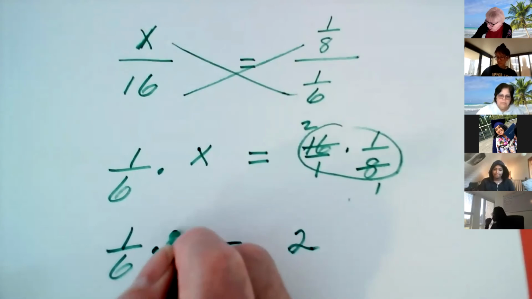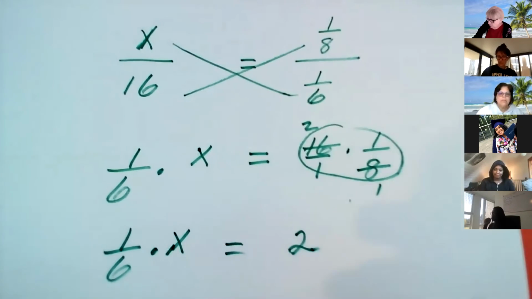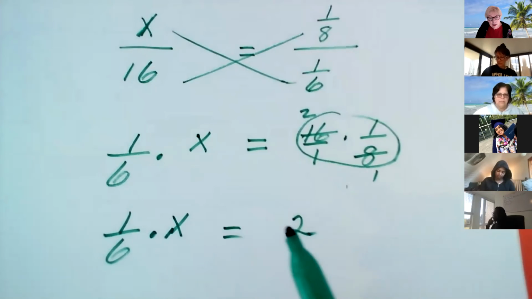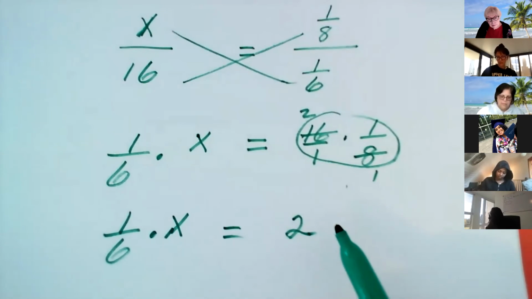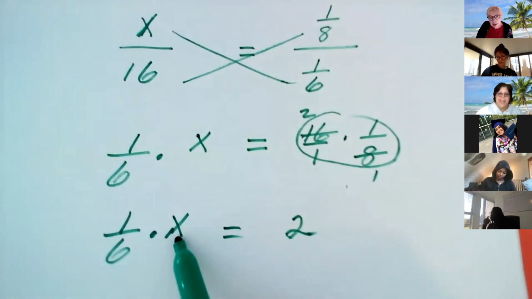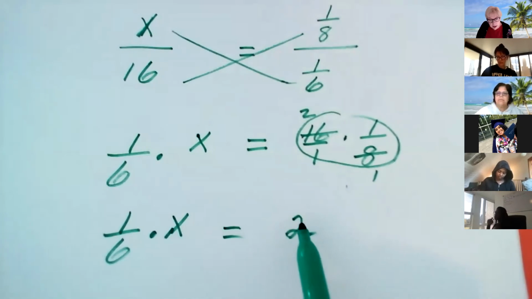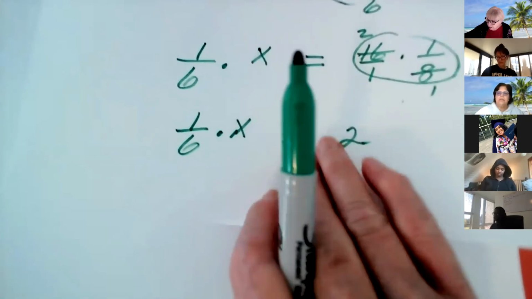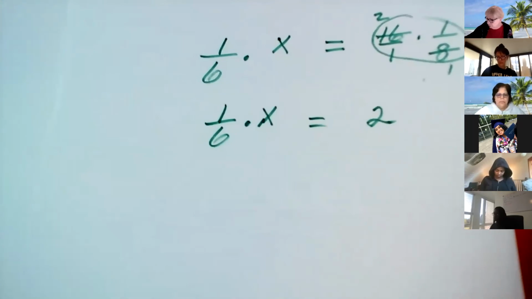If you went this route, you might not know what to do. 1/6 of the answer is 2. Maybe you could guess it. 1/6 multiplied by what number would give you 2? Can anybody guess it? And I'll show you how to avoid this.